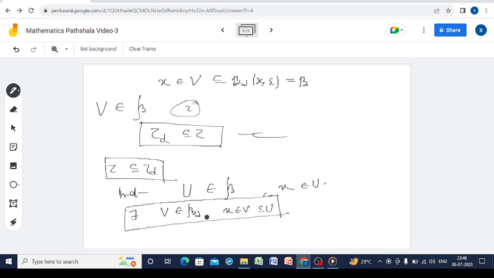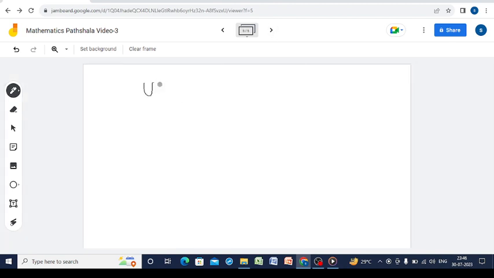So now see that we have taken U, a basic open set from the product topology, and now we have just stated that any basic open set in the product topology is of the form U equals product of Ui, where Ui are open for finite indices.